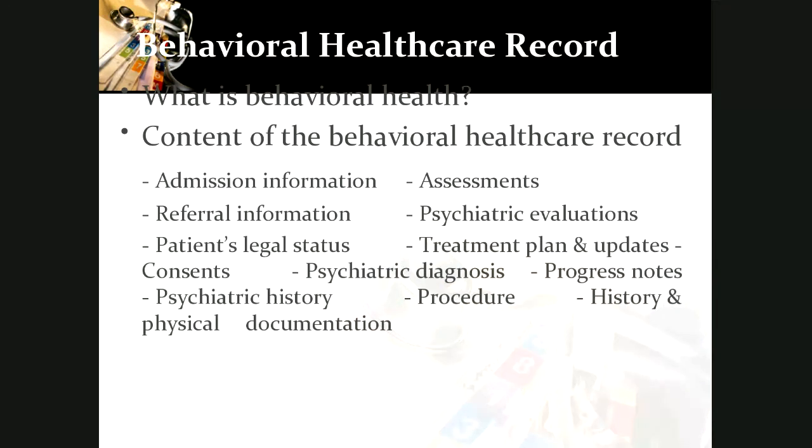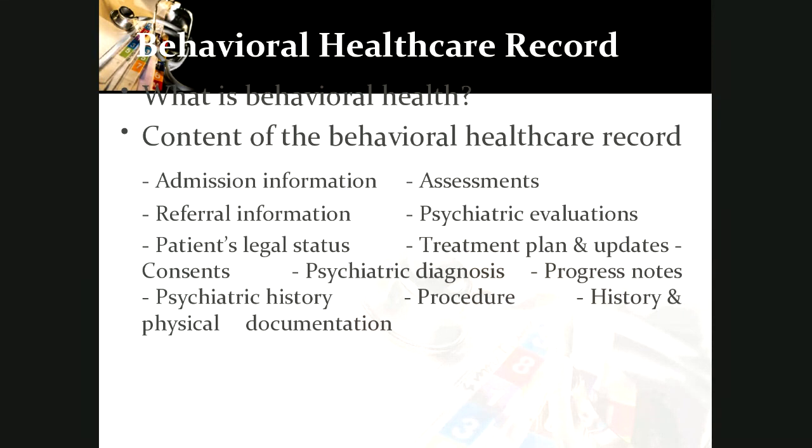A behavioral health record. This is where we're looking at maybe a psychiatric facility. It's going to have the admission information and the assessments. It's going to have referral information.